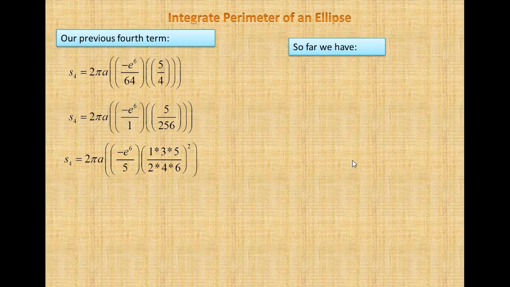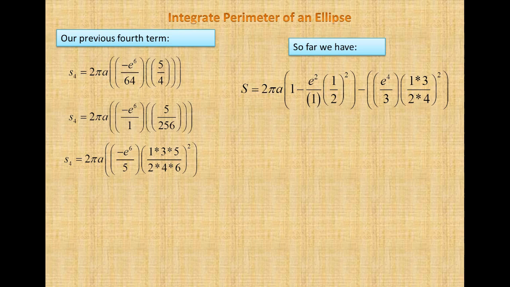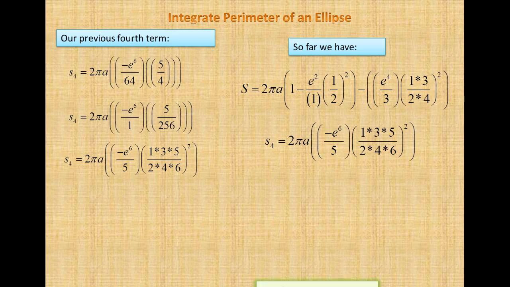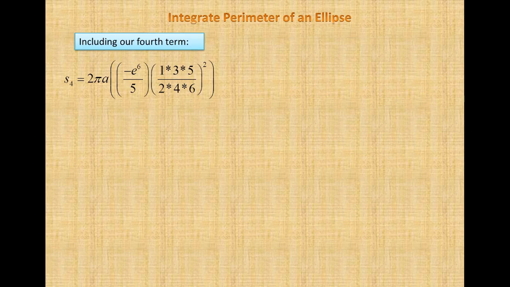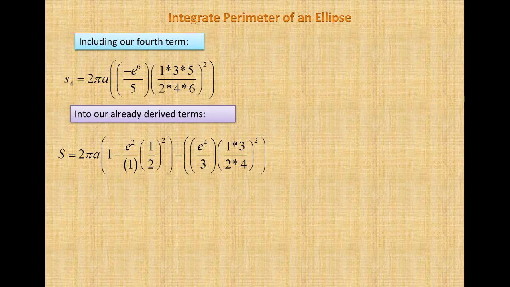Okay, so far we have our previous calculations, and now we have S4, which is 2 pi a times e to the 6 power over 6 minus e to the power 6 over 5 times 135 divided by 246 squared. Okay, let's continue. And now this is our fourth term.